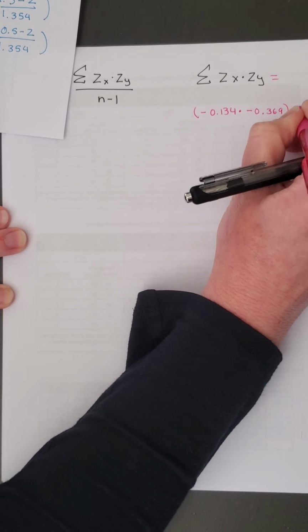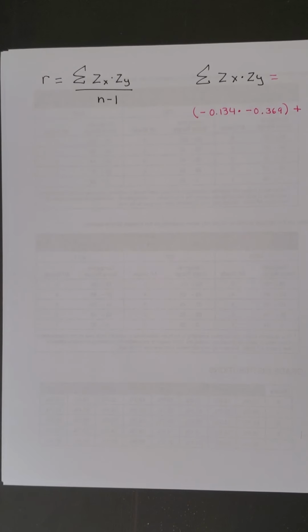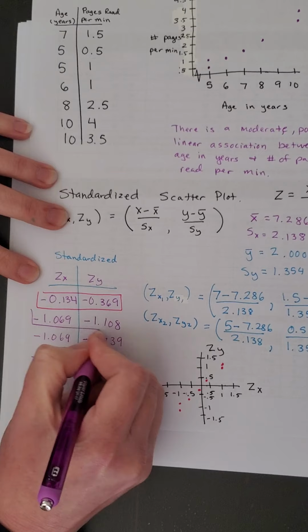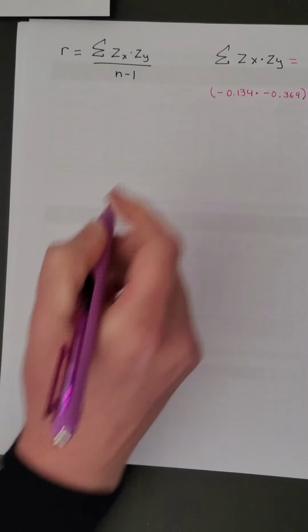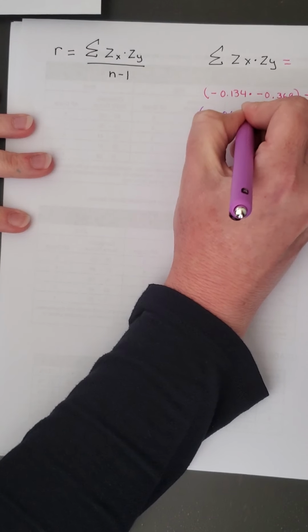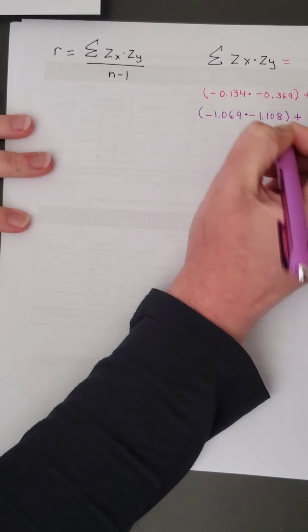And we're going to add that to the next set of values, here's my next Zx, Zy. So negative 1.069 times negative 1.108 plus, and so on and so forth.